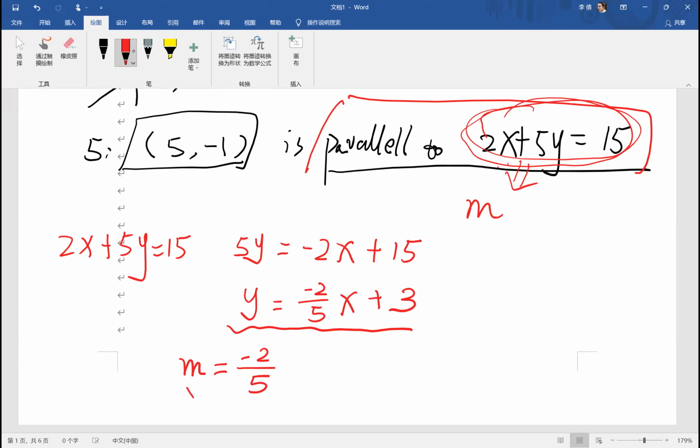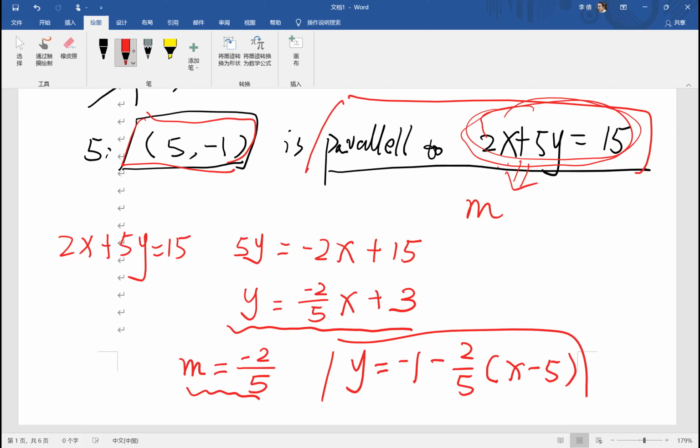And when we get m is -2/5 and the line passes through this point, we can get y is equal to, we use y1 is -1 and -2/5 multiplied by x minus 5. This is the point-slope equation of the line, right?